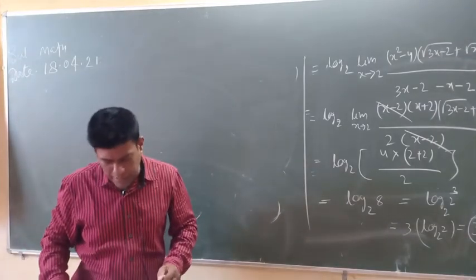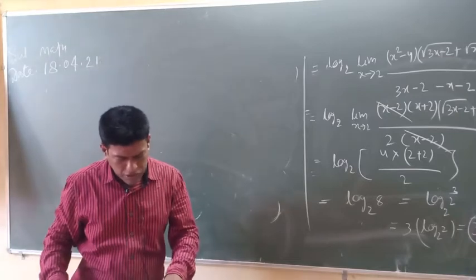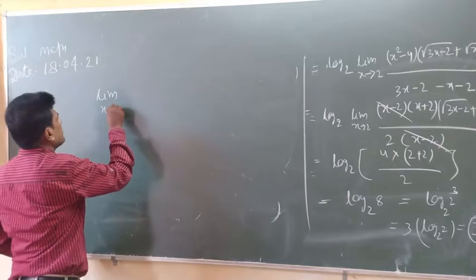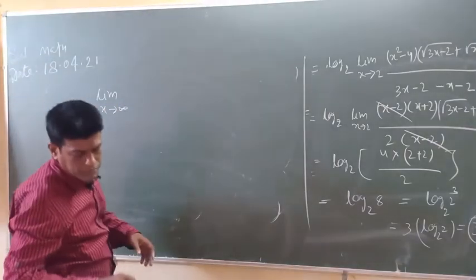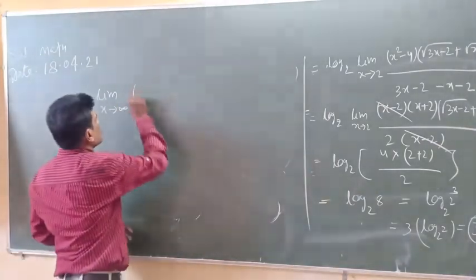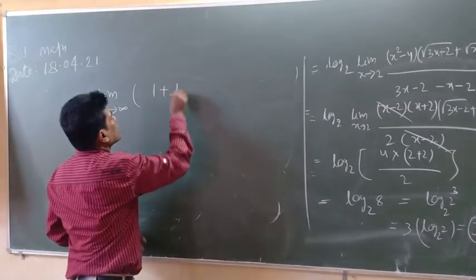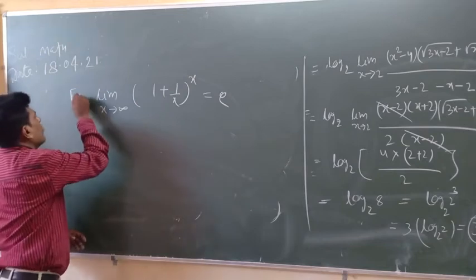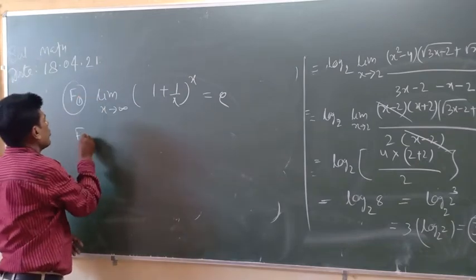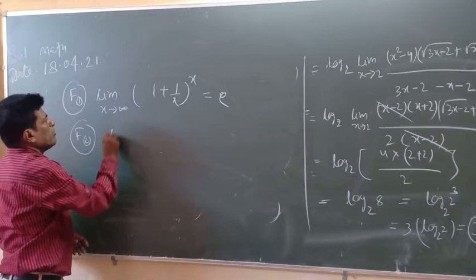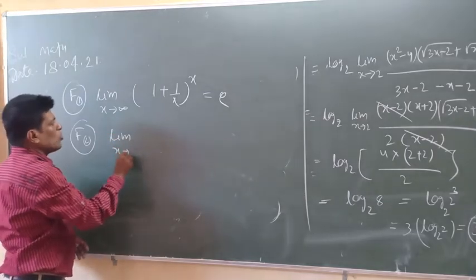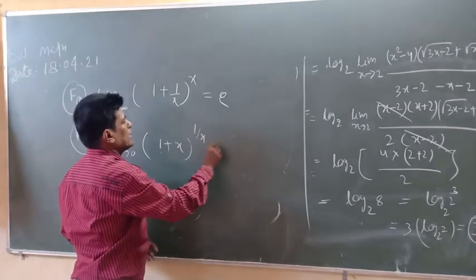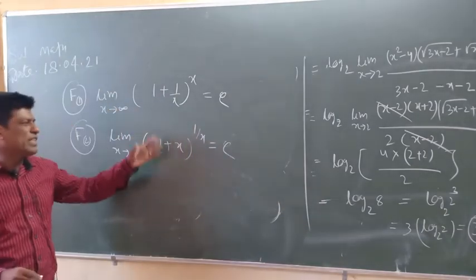That is, limit x tends to infinity of 1 plus 1 by x to the power x is equal to e. That is formula 1. And formula 2: limit x tends to 0 of 1 plus x to the power 1 by x is also e. The same thing is used here.